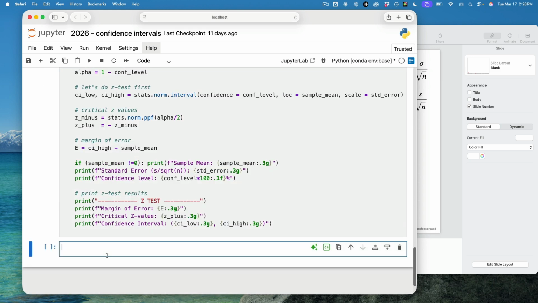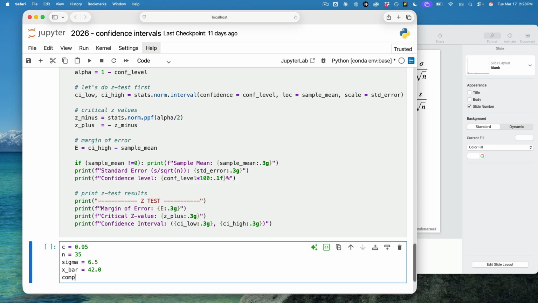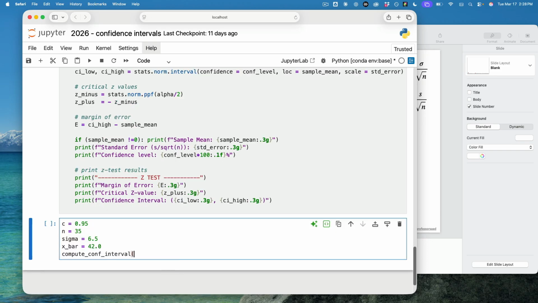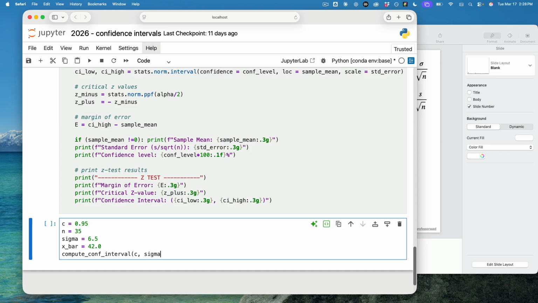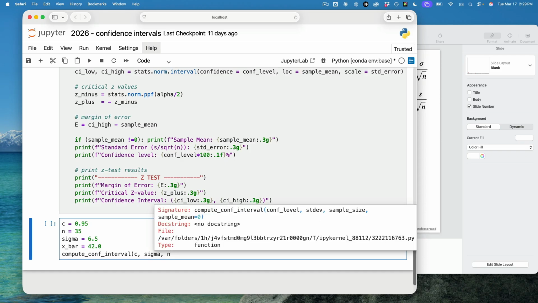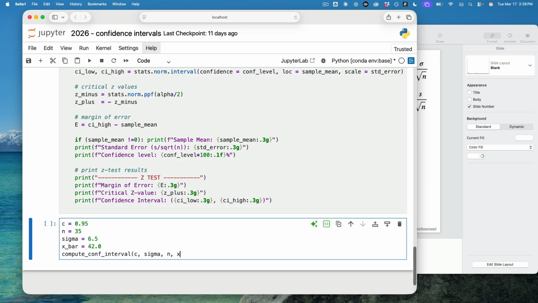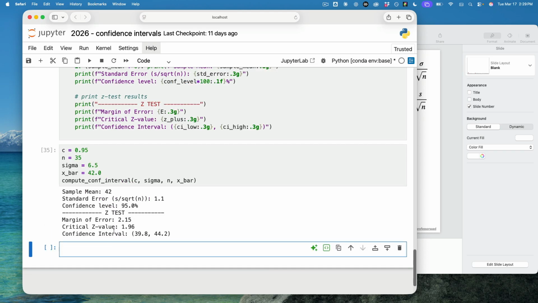I'm going to run this, and then I'm going to say compute conf interval, and then my confidence level is C, my standard deviation is sigma, that's a population standard deviation, my sample size is N, and then my sample mean is X bar. Ah, look at that, very nice.